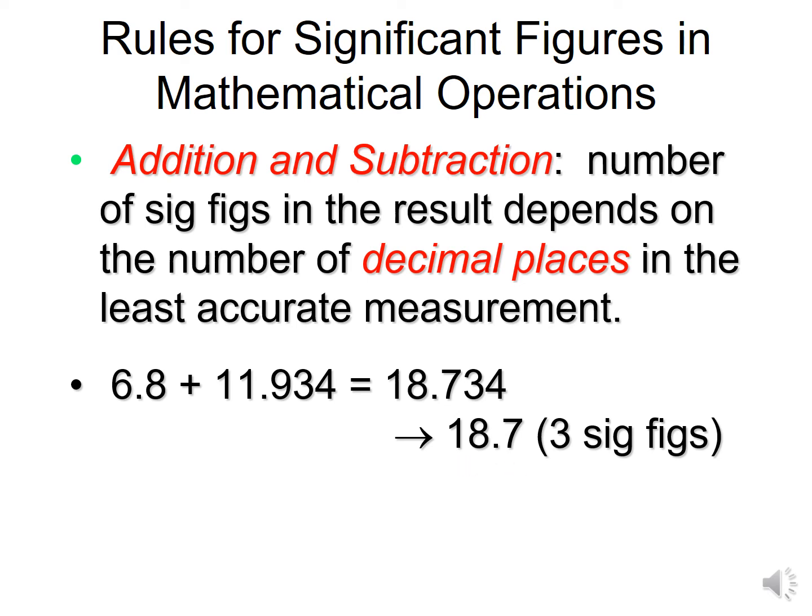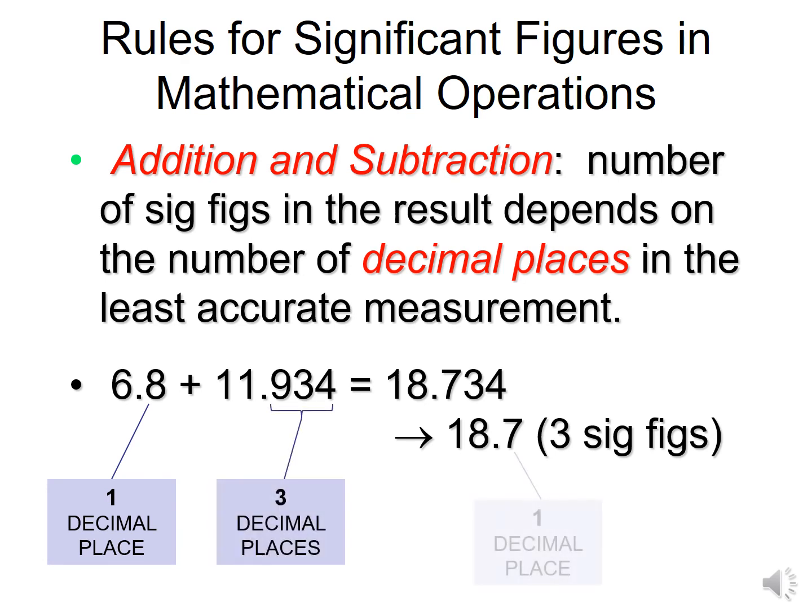In other words, our result should have 1 decimal place, and we have to round off the result from the calculator to the first decimal place. So we obtain 18.7, which incidentally contains 3 significant figures, but we don't look at the significant figures while we're adding or subtracting. And so this sort of summarizes things: 1 decimal place, 3 decimal places, and 1 decimal place.